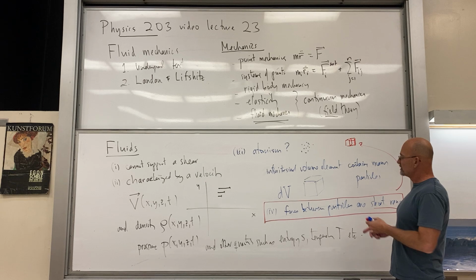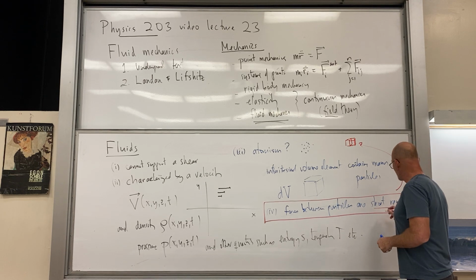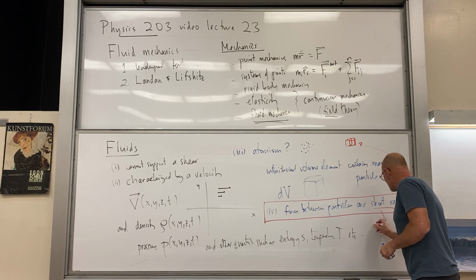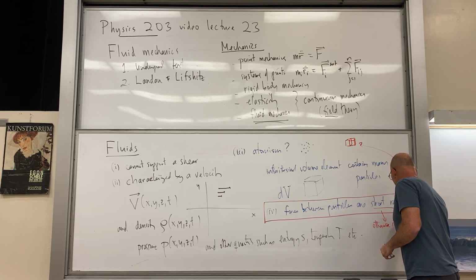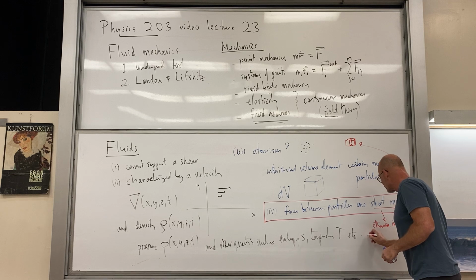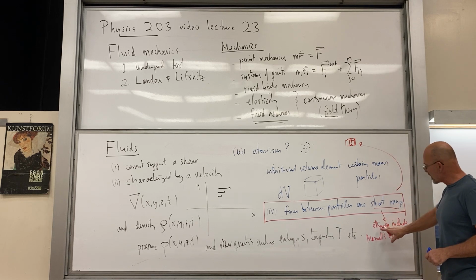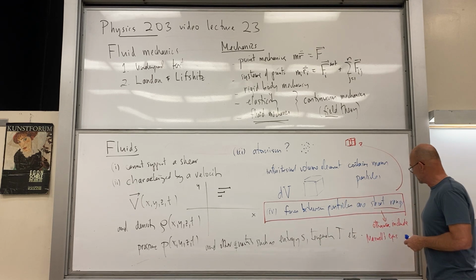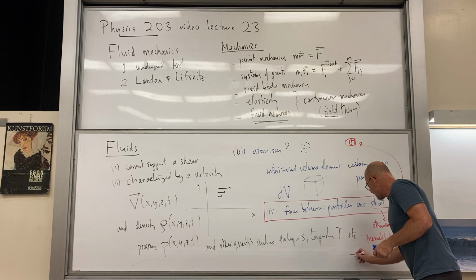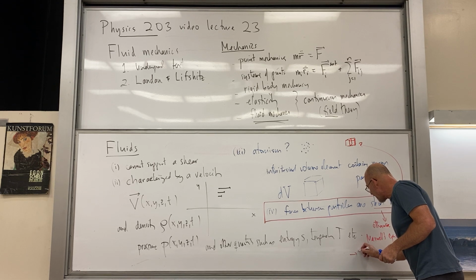So we should even put that in our notes. They're short range, otherwise we have to include Maxwell's equations. In other words, otherwise meaning if we have charged particles. And that would give us this subject, magnetohydrodynamics.